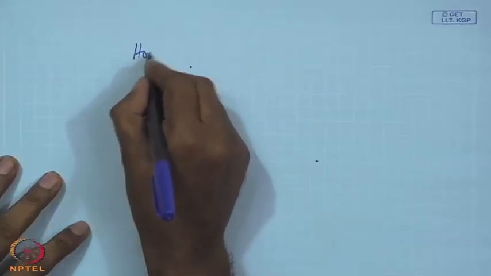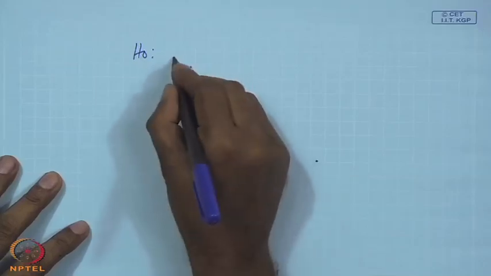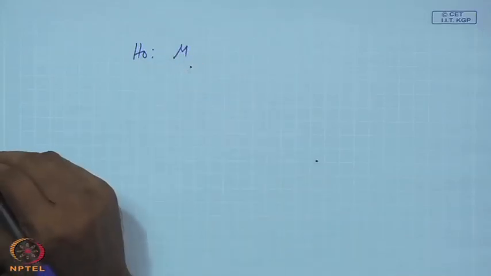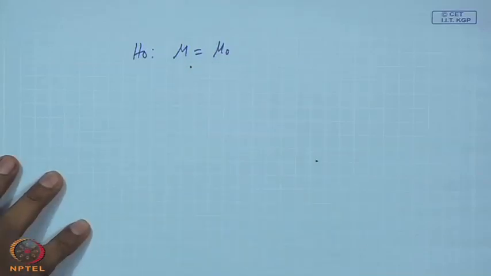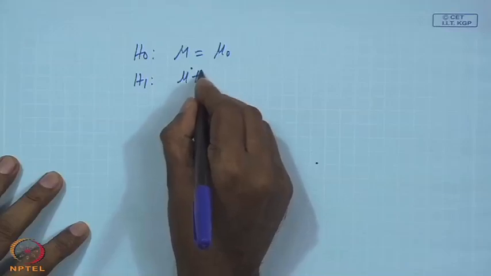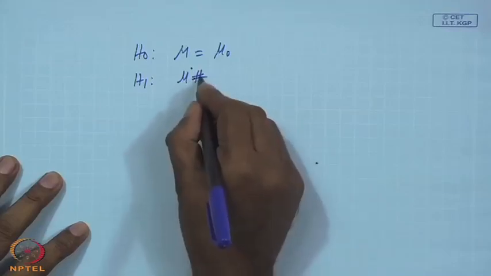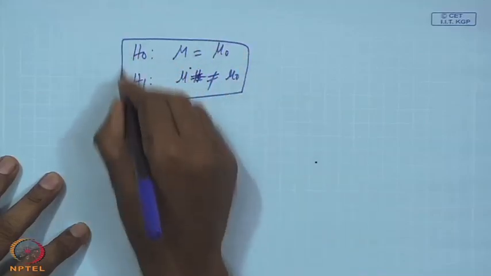Now, in multivariate case, what will be your null hypothesis? When you are talking about single population, that related to mu we are talking about. So, mu equal to mu 0. What is my alternative hypothesis? Mu not equal to mu 0.